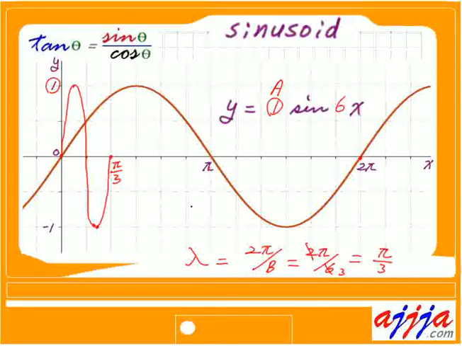Look at this, a very, very short wavelength right here. So B equals 6 means 6 cycles in 2 pi. See, we have 1, 2, 3, 4, 5, and 6. Six cycles in 2 pi, because this one is sine.